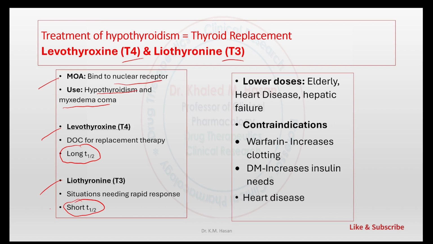Normally we start with a low dose and escalate the dose, and we have to be careful. We prefer to use a low dose in patients with heart disease, hepatic failure, or elderly patients. We don't recommend using it in patients receiving warfarin, or patients suffering from diabetes, or heart disease.